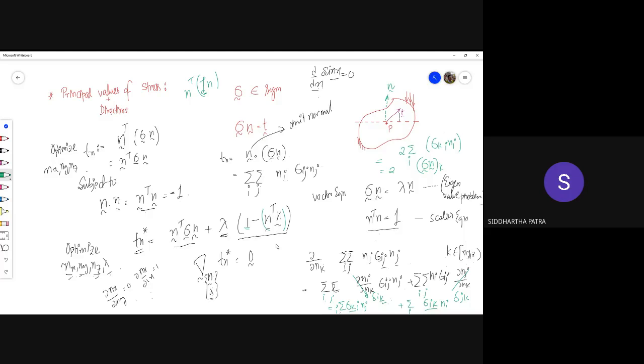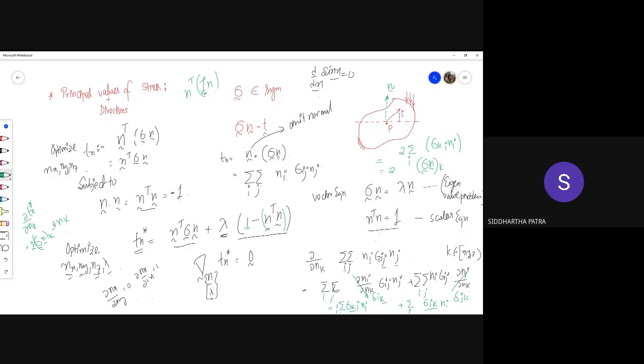Then del nk of the whole thing, considering sigma to be a symmetric matrix, turns out to be twice sigma times n, kth component, minus, and this time I times n is simply the kth component of n, times lambda.